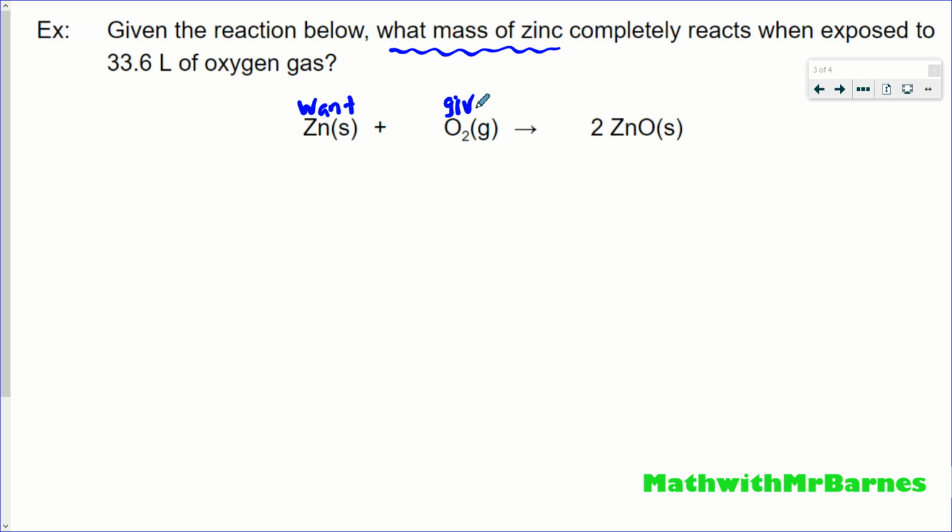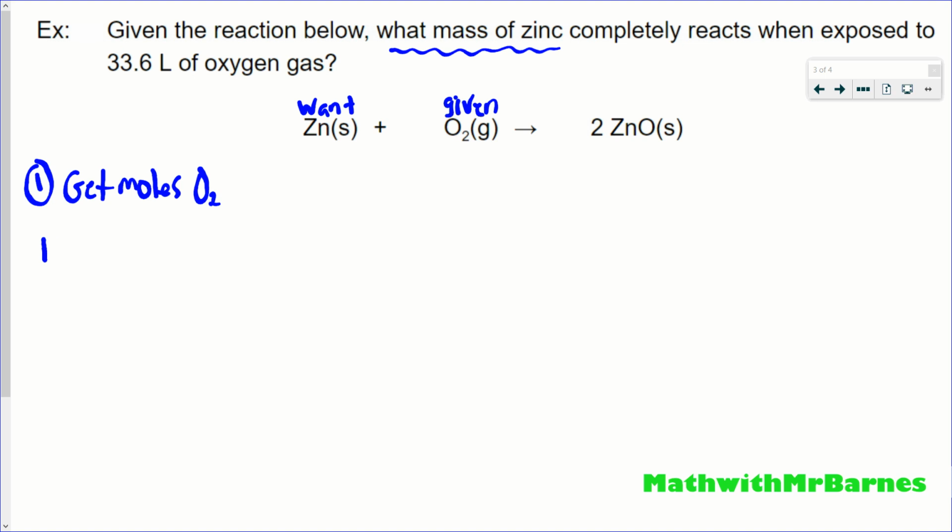So we have to use that volume of oxygen gas to be able to find the number of moles of oxygen. The first step is always get moles, and in this case, it's get moles of O2 gas. The only thing we got is the volume of that.